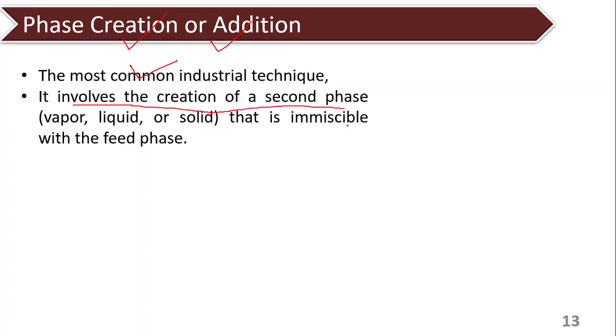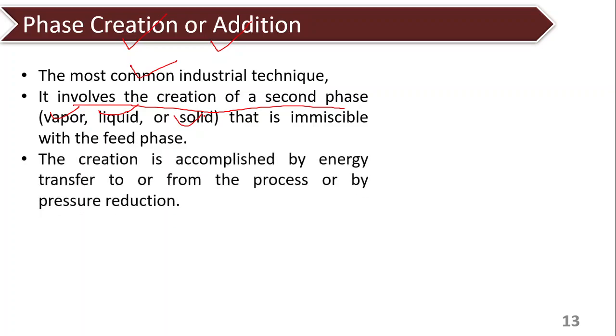That phase can be a vapor phase, a liquid phase, or a solid phase. We need to create or add a phase in the separator, and it should be immiscible with the feed phase, so that there are two phases, and with the help of these two phases we can separate out the materials. This is the basic concept.